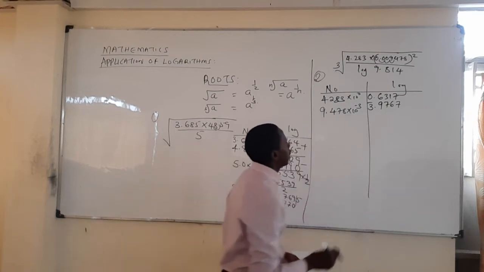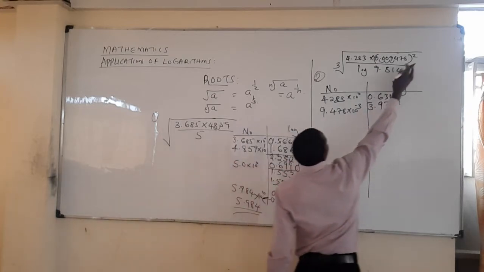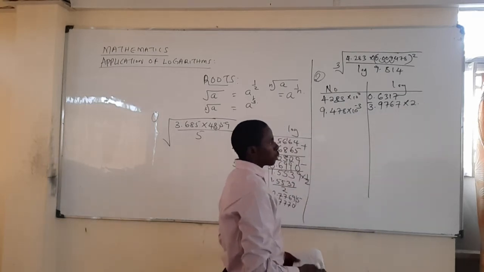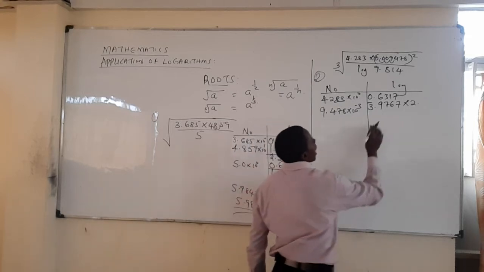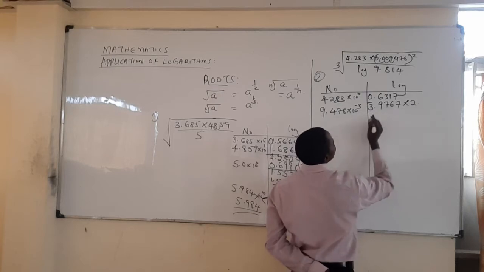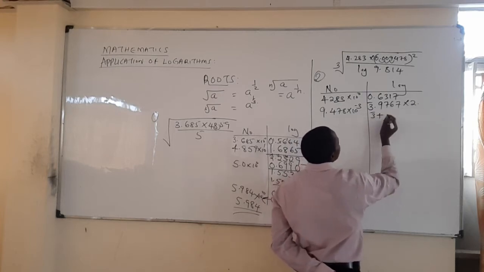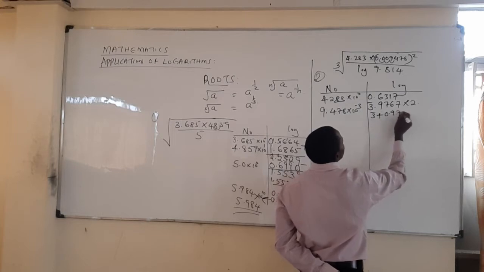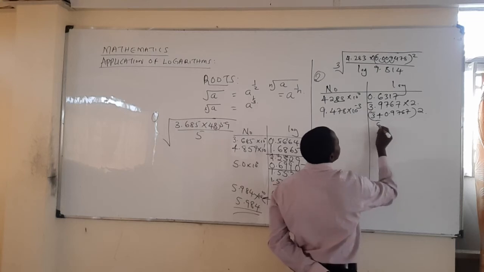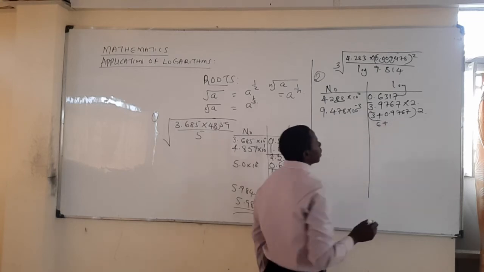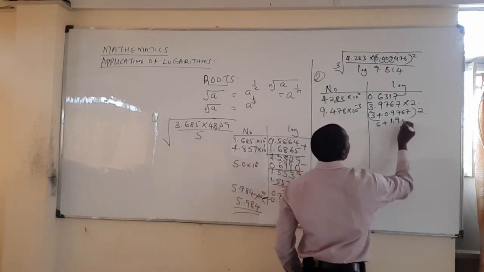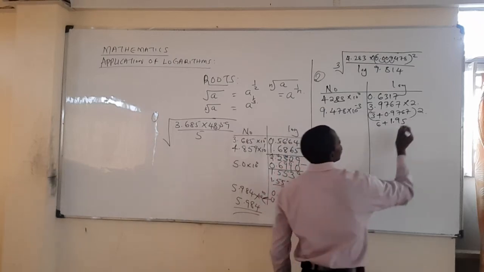0.9767. And when you look at this one, it is squared. So we are going to multiply this one by 2. When it is squared, the power we multiply by that number. So this is a bar number. If it is bar, when you are multiplying, we first separate the characteristic from the mantissa. Then we multiply them: 0.9767 we multiply by 2, so you get bar 6 plus 1.9534.